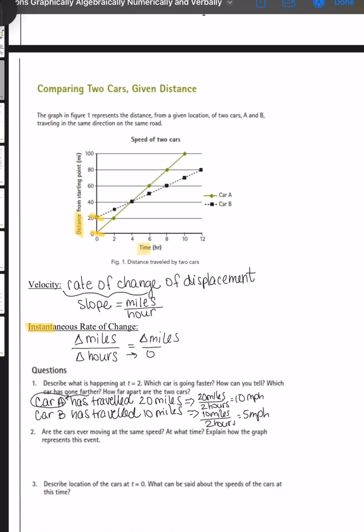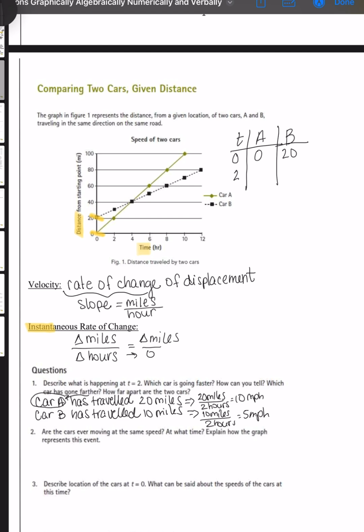So why don't I start a table of values so that I can figure out the distances apart of the two cars. And then I think I'll do car A and car B. So at 0, car A was 0 miles from the starting point, and car B was 20 miles from the starting point.